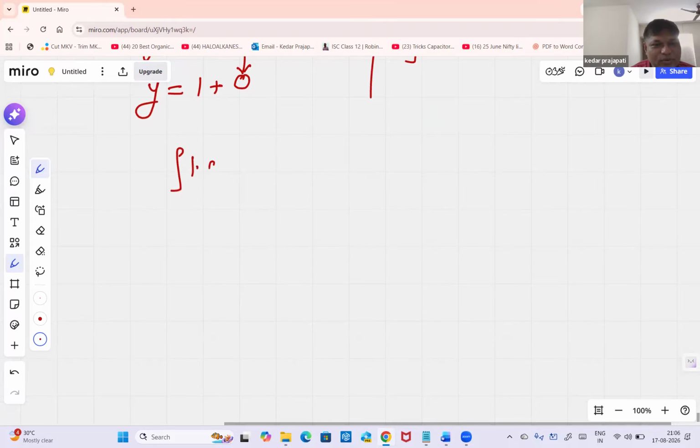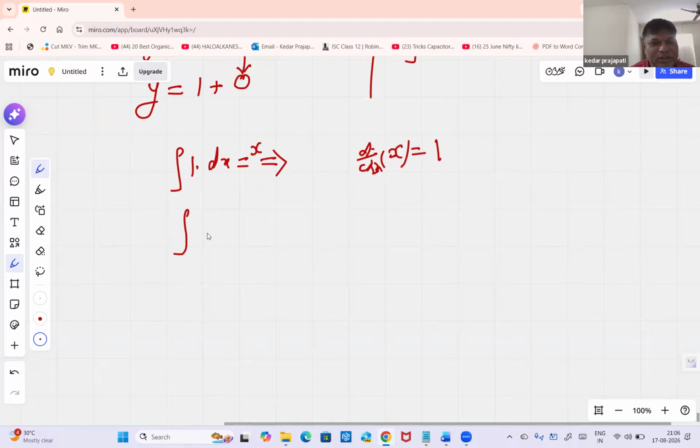See, 1 dx, right? So differentiation of x is 1, correct? d by dx of x is 1. So the integral of dx will be how much? x only, right?